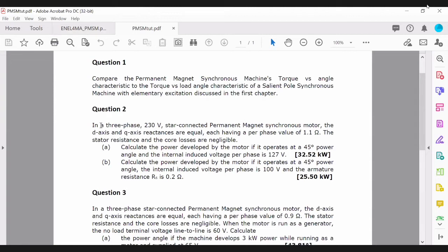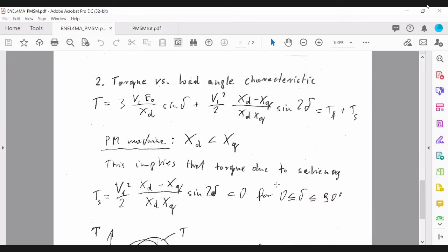Okay, so the moment they become equal, it means that the saliency effect is cancelled, right? So if you look at the equation for torque, you have Xd minus Xq. If Xd is equal to Xq, this term becomes 0, and then obviously the whole salient component becomes 0.